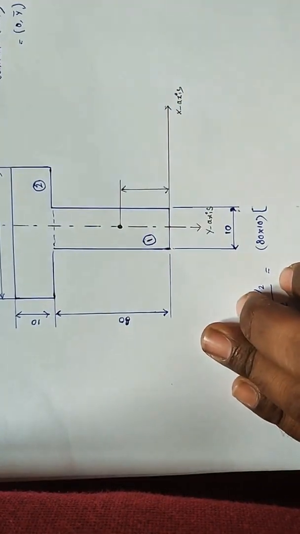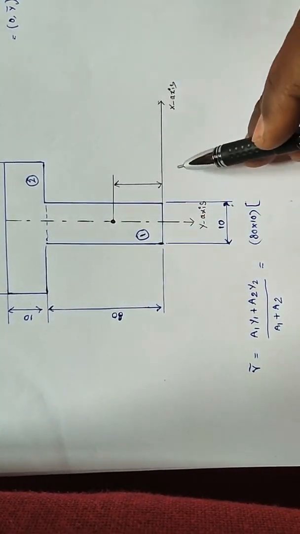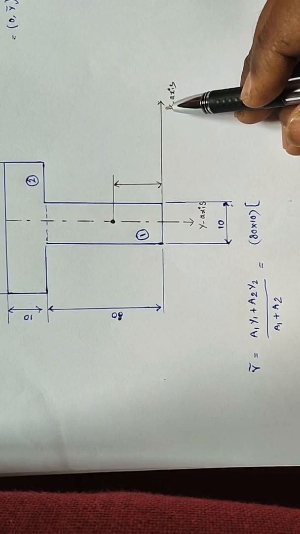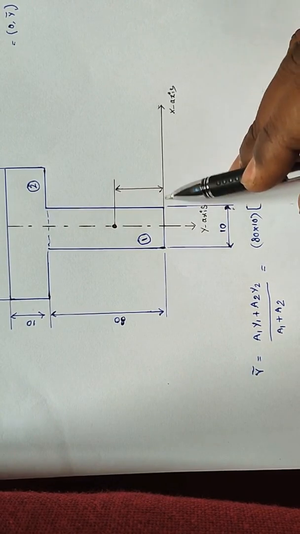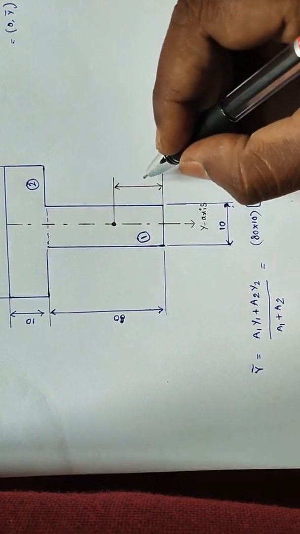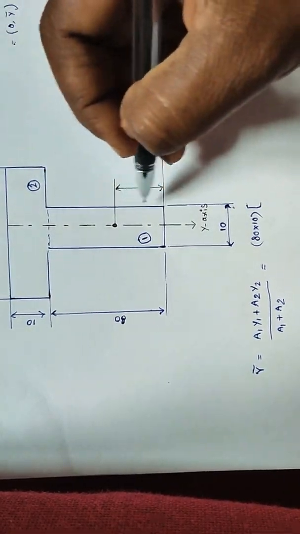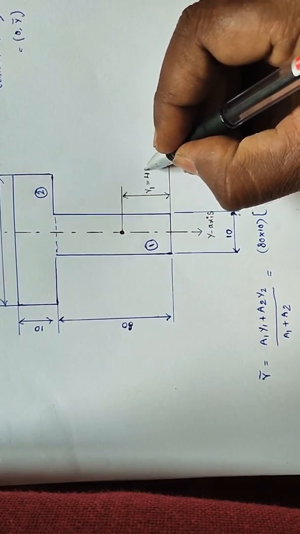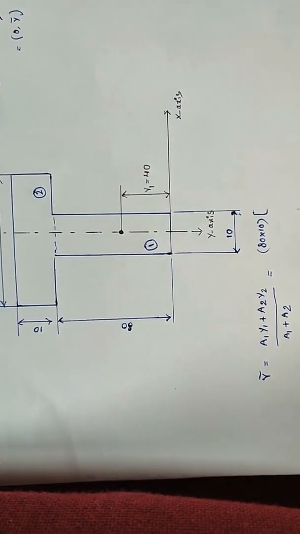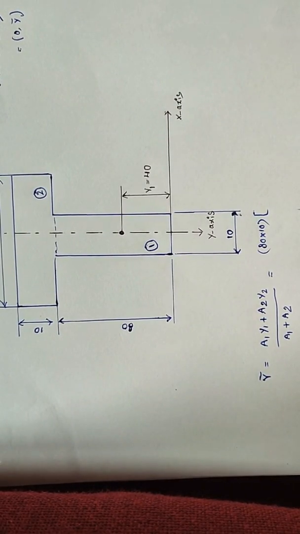The centroid of the first rectangle we are measuring with respect to the x-axis. y1 and y2 mean the centroidal distances of those particular elements with respect to the x-axis. So this is y1. This total depth or length is 80. That means y1 equals 40. So here y1 is 40.